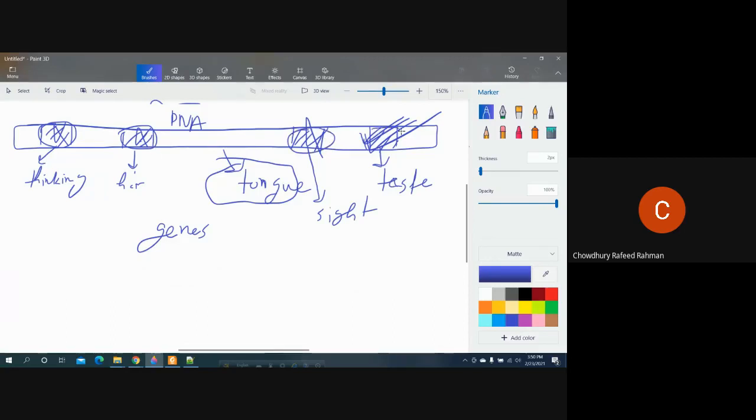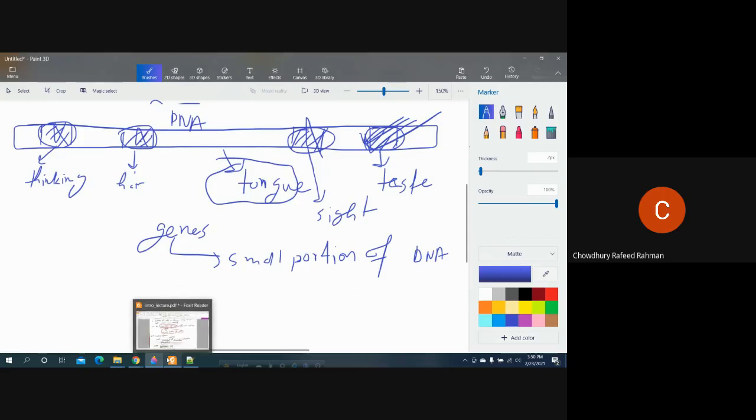These are all genes. So a gene is basically a small portion of DNA, and there are thousands and thousands of genes in the human body, in human DNA.